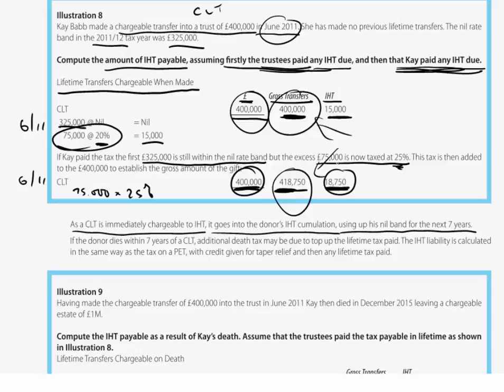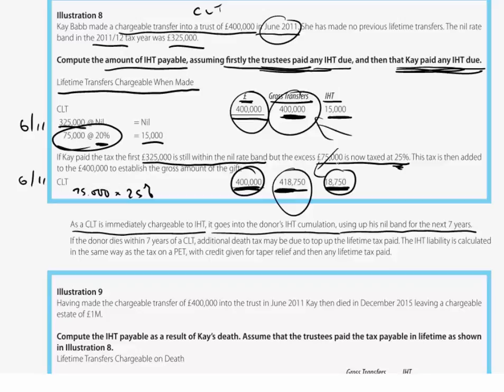So if you waited from June 2011 to, say, July 2018, more than 7 years later, and then made a transfer of 325,000, let's assume the same nil rate band still applies, then winding the clock back 7 years from July 2018, there would be no CLTs made within the 7 years before that, and therefore the full 325 nil rate band would be available, meaning none of that transfer would suffer any lifetime tax.